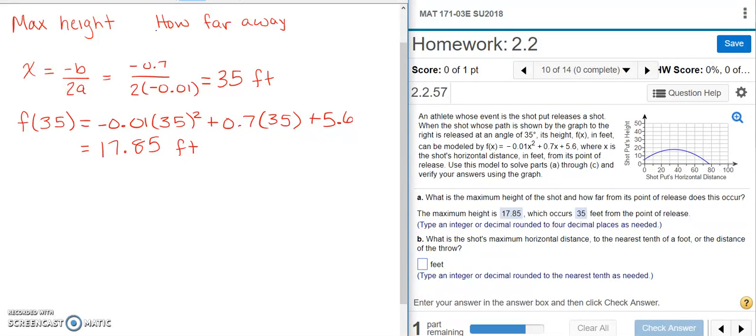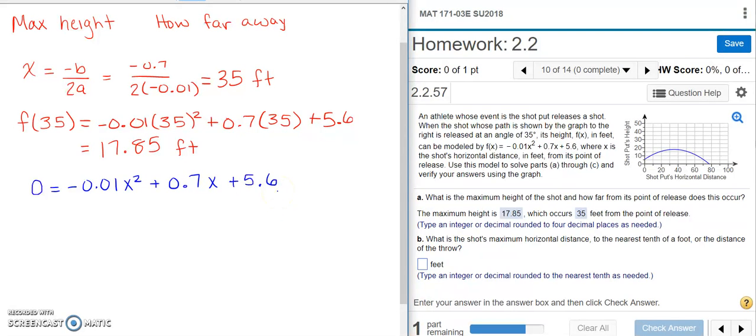If it is hitting the ground, that means my height, or f of x, is 0. And we want to know what the x value is when the y value is 0.